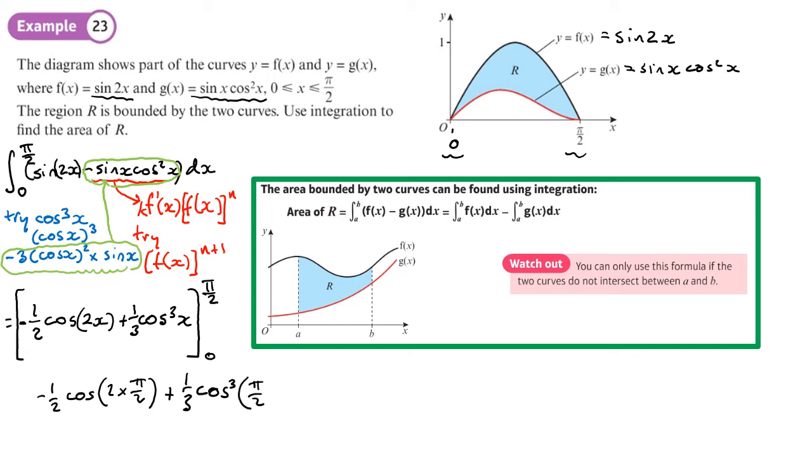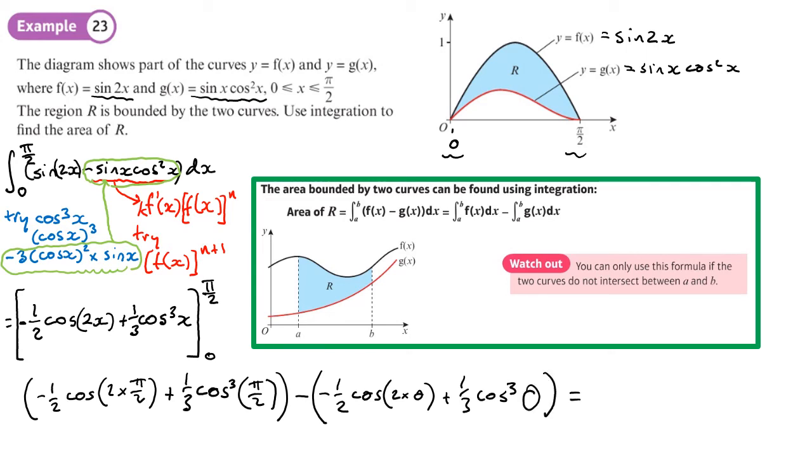So that's from putting in the pi over 2, minus, now we'll put in a 0, minus a half cos 2 times 0 plus a third cos cubed 0. So I'm going to put that all in on the calculator and see what I get.